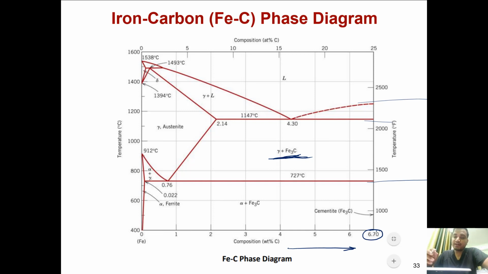Iron has basically 3 forms. Alpha is at lower temperature, then gamma at high temperature, but delta is higher than the gamma temperature. So there are 3: alpha at low temperature, then gamma, then delta.